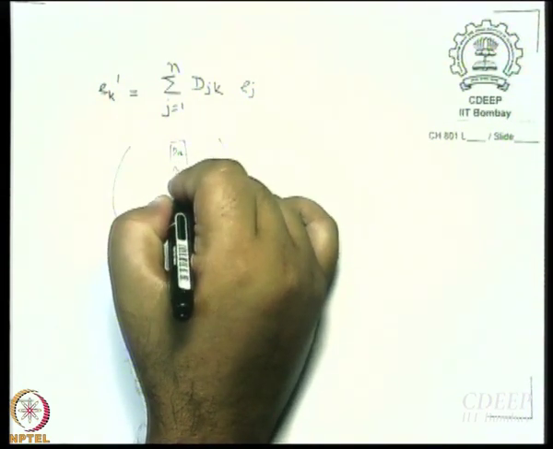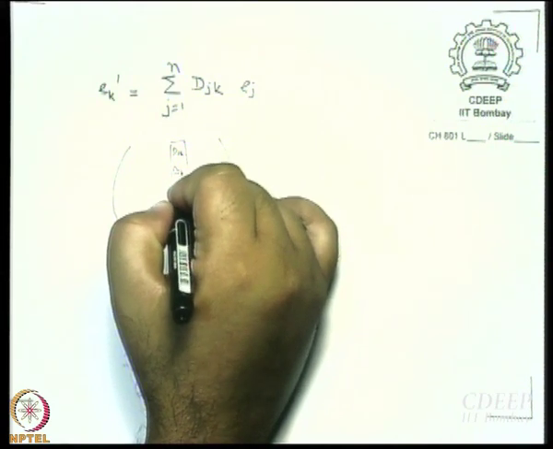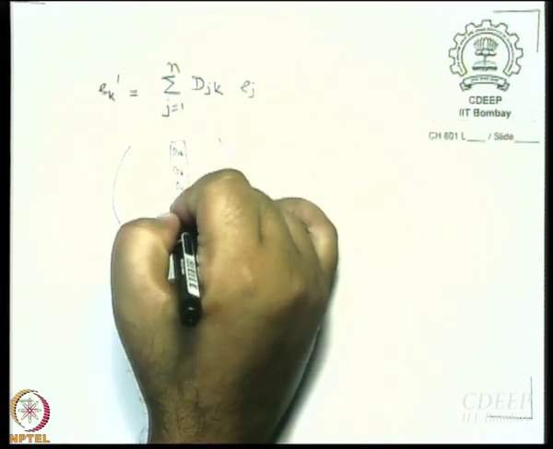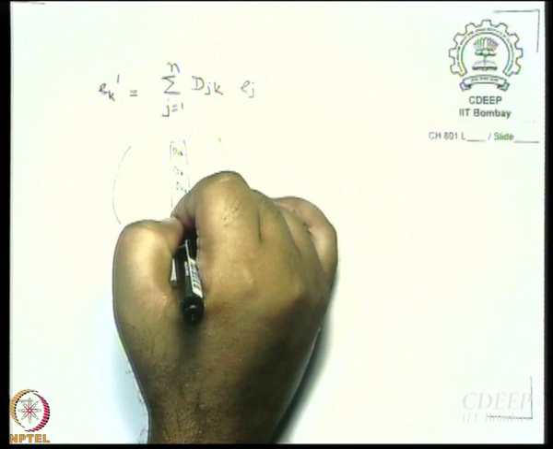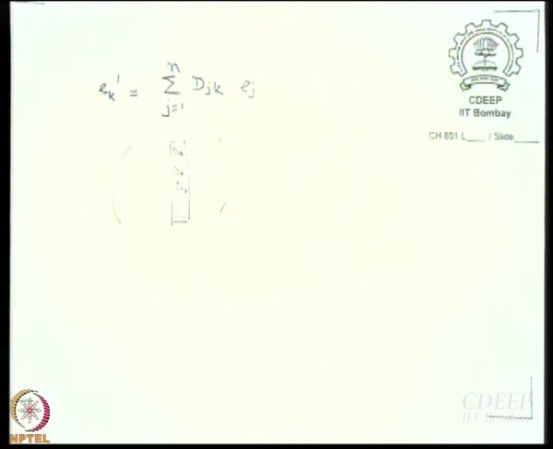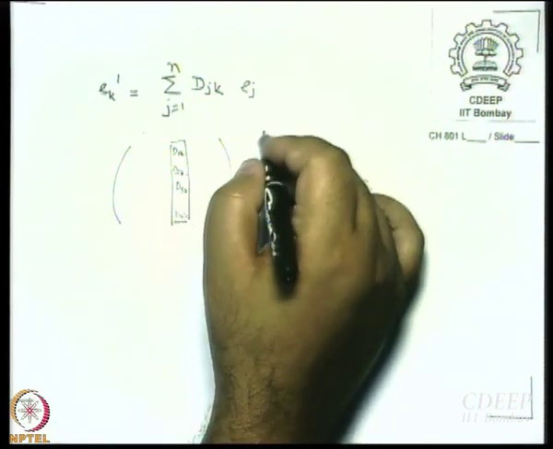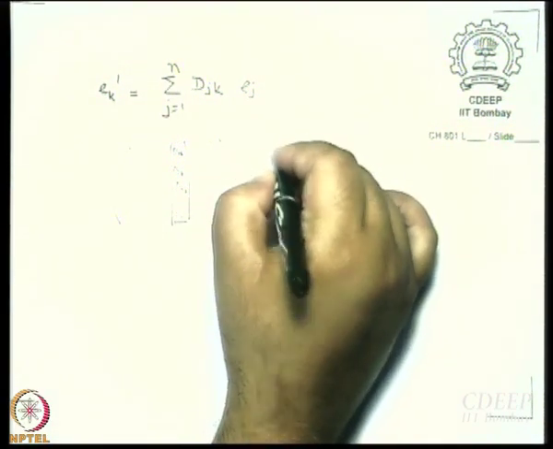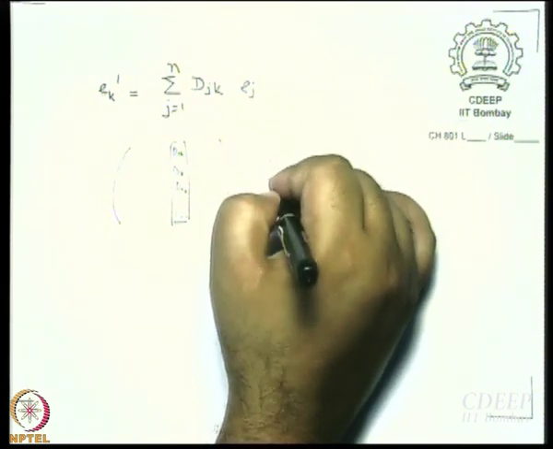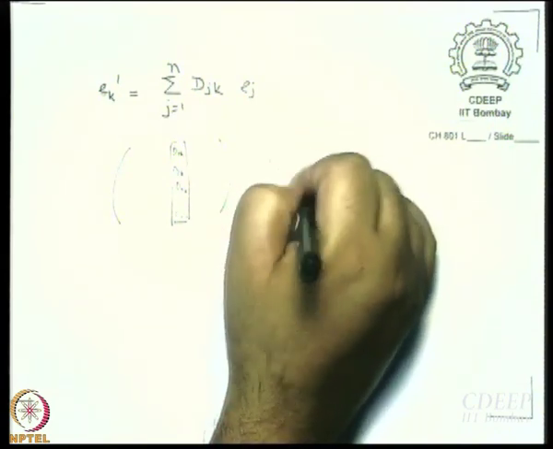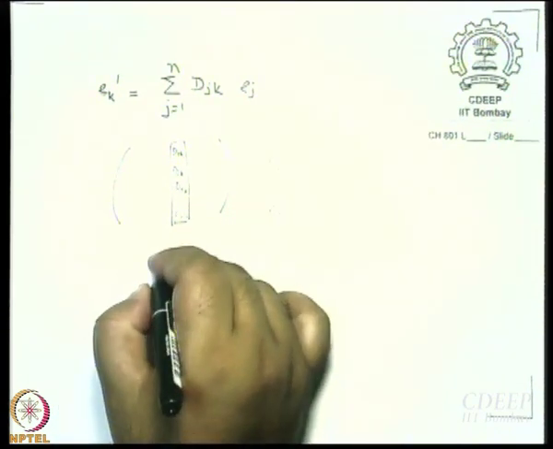This is D2K. Then D3K, so on and so forth. Last you have DNK, right? And what am I multiplying it with? EJ. So, E1, E2, En.